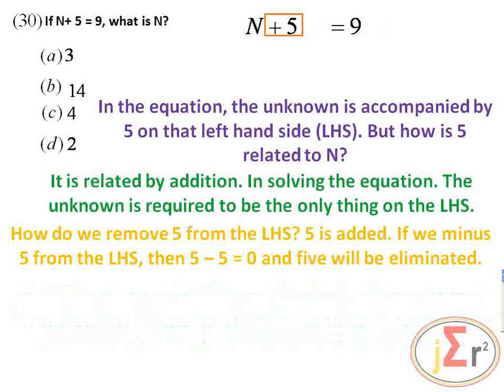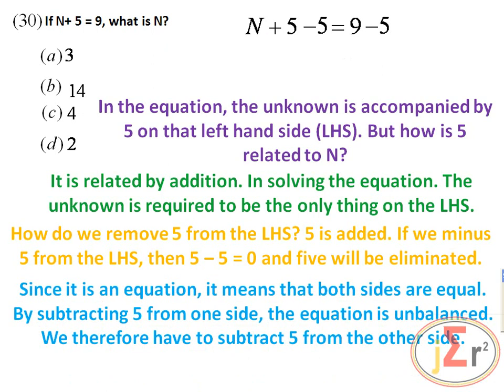So what we have there is n plus 5 is equal to 9. We need to subtract 5 to eliminate the 5 here, but we cannot subtract 5 from one side only, as the equation will be unbalanced. Therefore, we subtract 5 from both sides. 5 minus 5 is 0. And if we say 0 plus n, the result will be n, because we are not adding anything to n, so n will return. So what we have is n plus 5 minus 5.